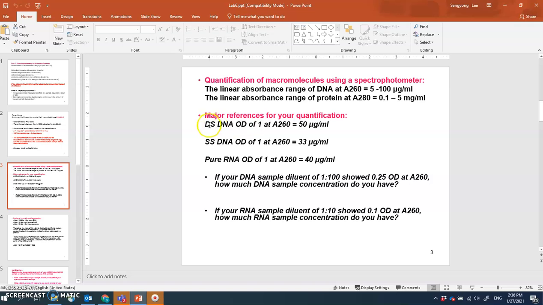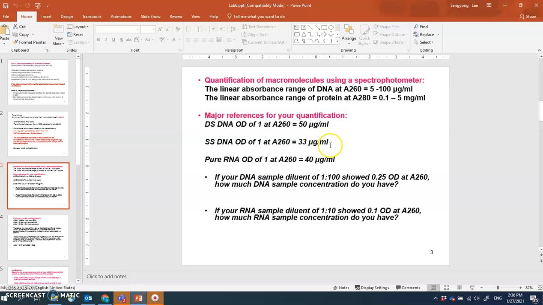But if we have single-strand DNA instead of double-stranded, that absorbance value changes. Because single-strand DNA can absorb more light than double-strand DNA, because absorption happens on the base parts a lot. So one absorbance value OD normally is achieved by less amount of DNA, like 33 microgram per mil.